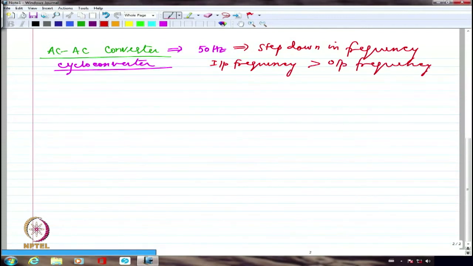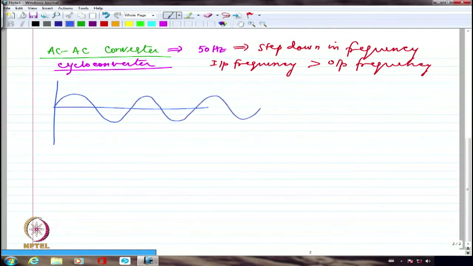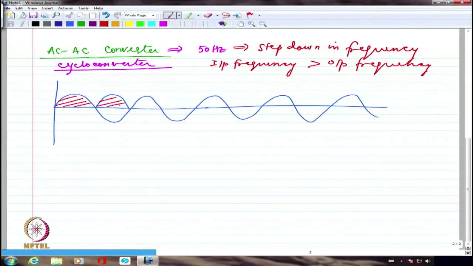If I am trying to look at the basic principle of a cycloconverter, we'll look at the circuit a little later. Let us say I have a single phase AC supply somewhat like this. If I use a rectifier for rectifying one cycle, I am going to rectify this as well, such that I get basically this as the output across the load for 2 half cycles.